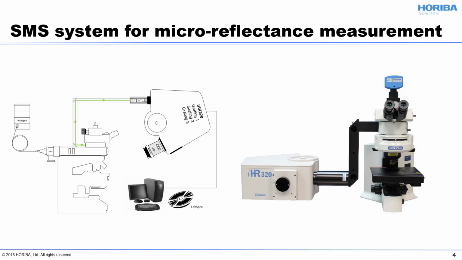The emission is collected by the periscope and collimated into our spectrometer, and further detected by a CCD, and all our data analysis is done by our software LabSpec. Here shows the front view of our setup.